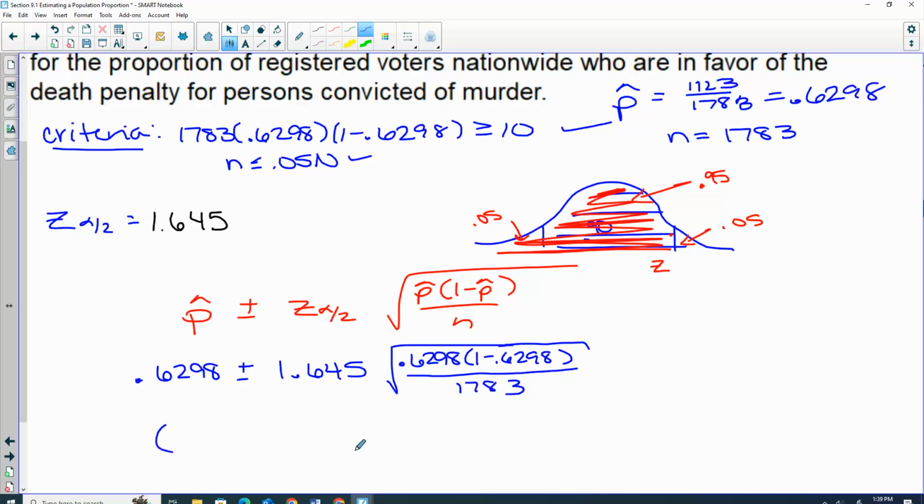When you type this in, you are getting a starting and a stopping point. So type in the minus first. So we'll do 0.6298 minus 1.645 times the square root.